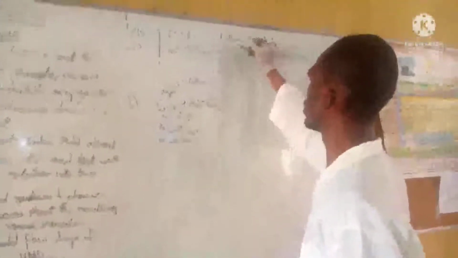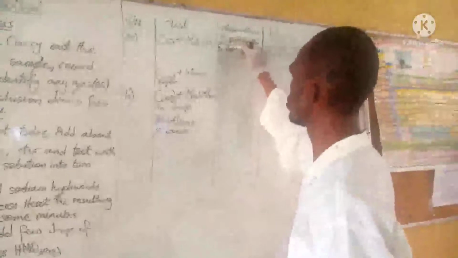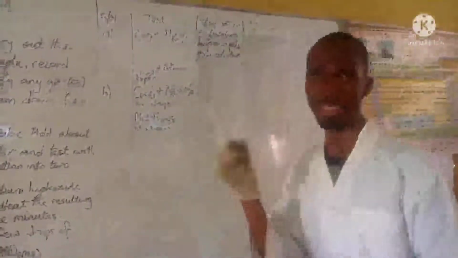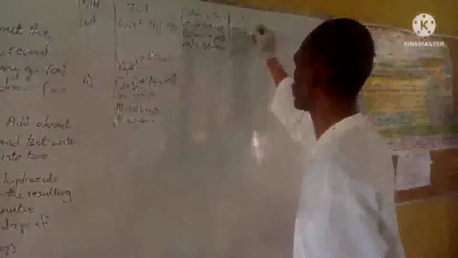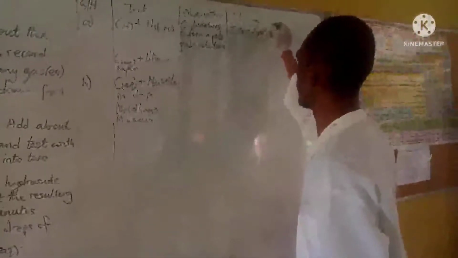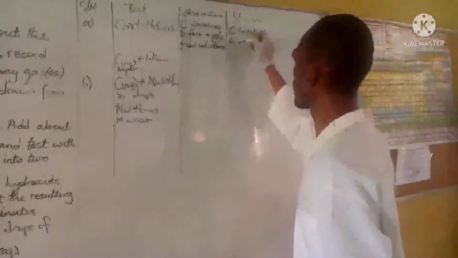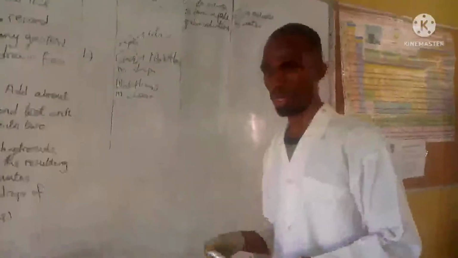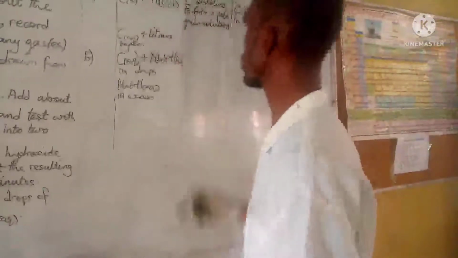So here, C dissolves to form a pale green solution. So we infer here that C is soluble in water. Or you say C is a soluble salt.